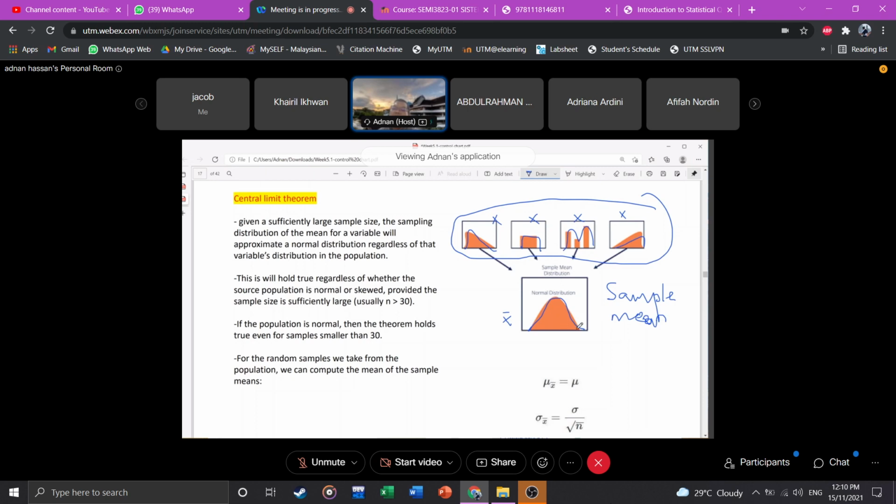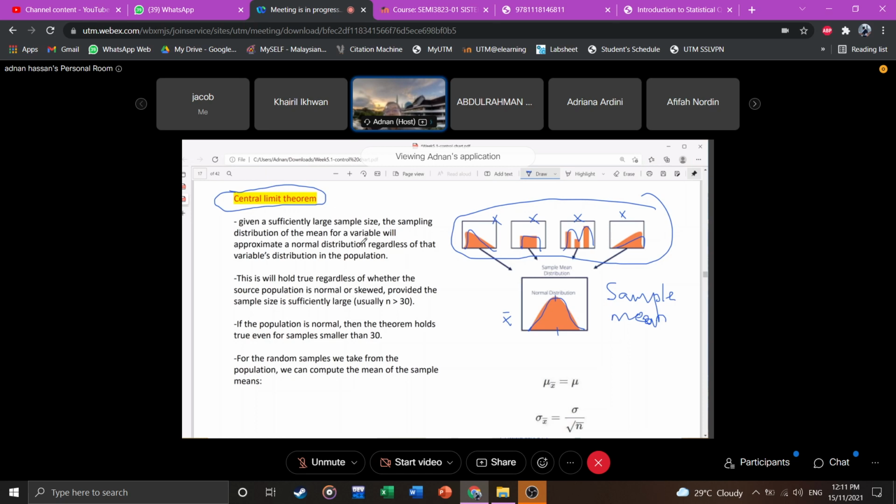So when we want to use this data for control chart, it cannot be used. What we need to use is data that follows normal distribution. Remember that the control chart concept is normal distribution. So this can be solved using what we call the central limit theorem.